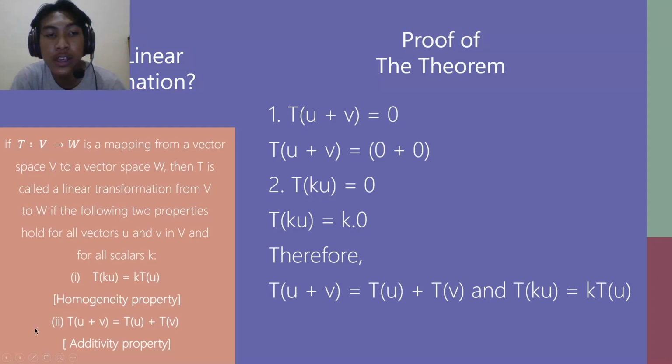The second one is T(U plus V) equals T(U) plus T(V), and it's called the additivity property.